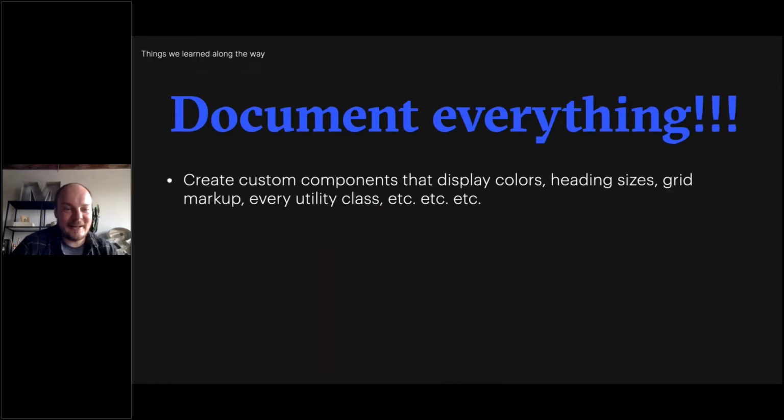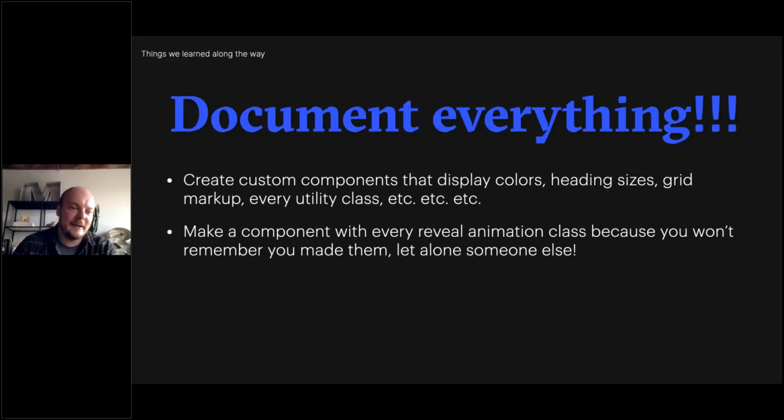And you do that by documenting everything. So creating custom components that display colors, that heading component that I showed you is something custom that we built, displaying how your grid works, even utility classes, making a component that displays all of the reveal animations that you have, telling people how those class names work is very important.